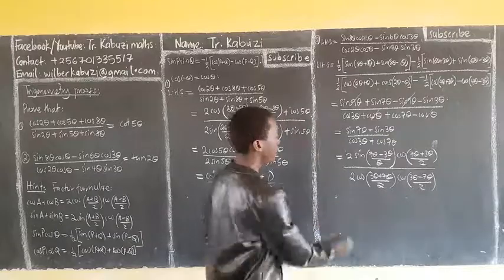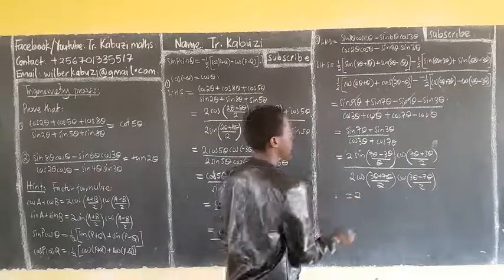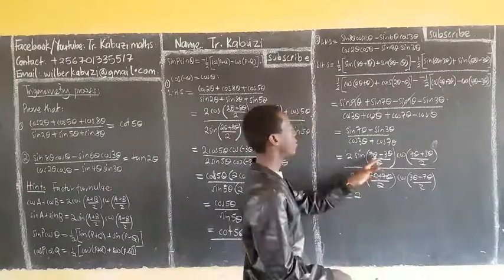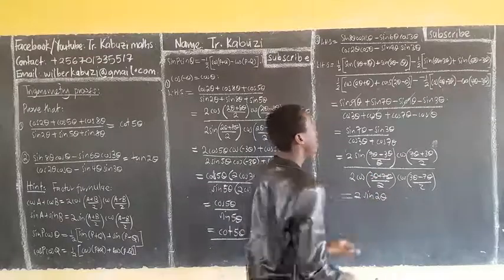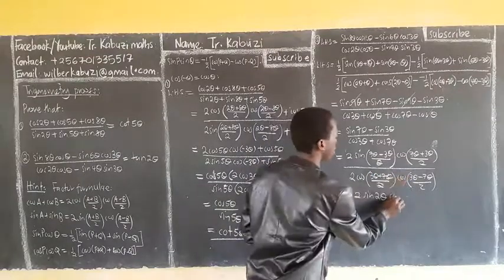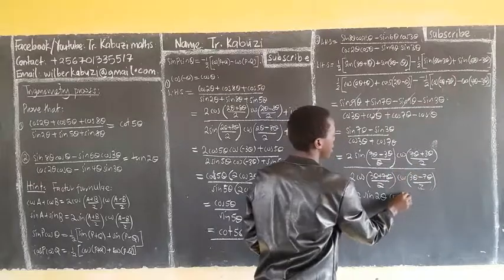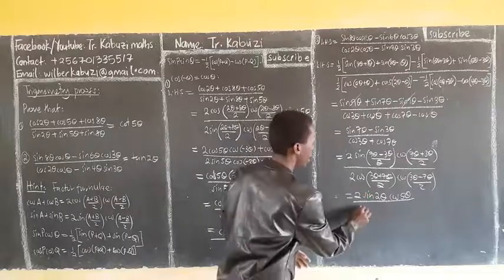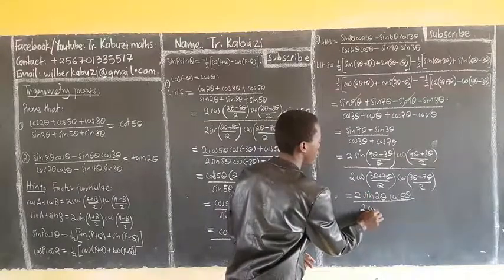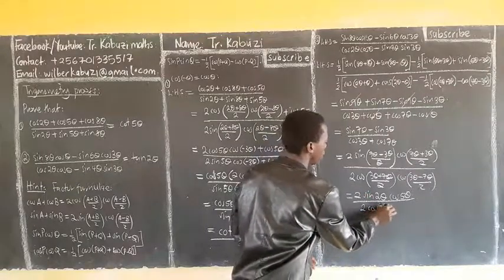So now, as soon as we simplify, we have 2, then this will be 4 divided by 2, to give me sine 2 theta. This will give me cos of 10 divided by 2, 5 theta. The whole over, this will be 2, now cos of 5 theta.